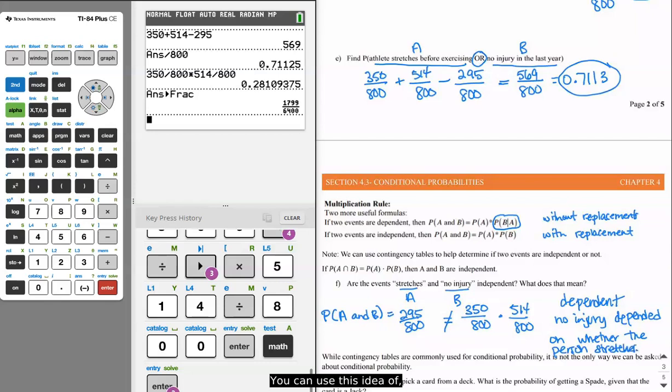So you can use this idea of whether they're independent or dependent based on the different probabilities, looking at the intersection and then looking at the two probabilities separately to see if they're equal.